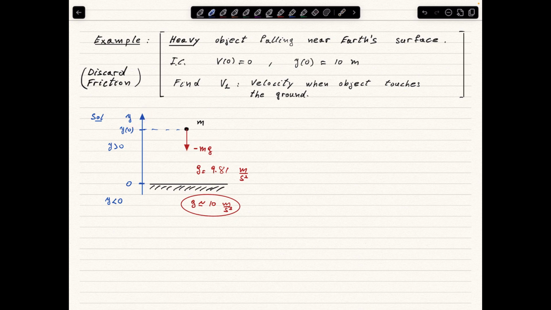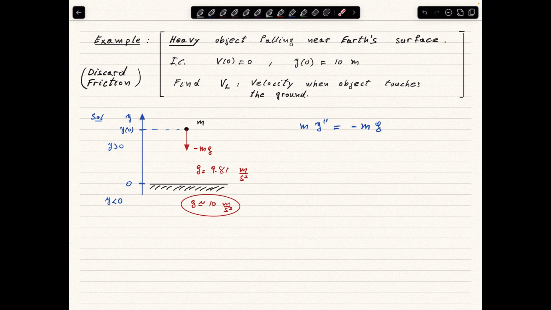So what is Newton's equation of motion in this case? We have mass times acceleration equal to all the forces, and there is only one force, the weight, that is negative mg, and recall the negative is because now positive is upwards.